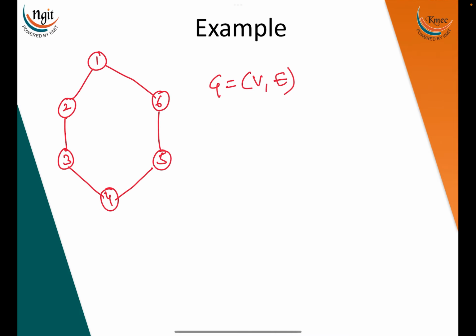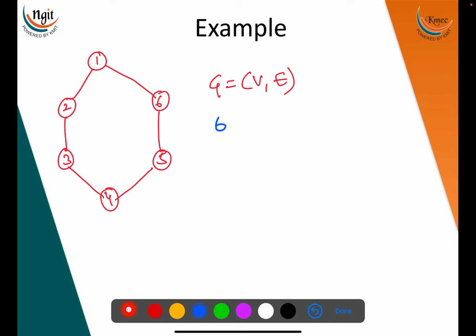Now let's see it. How many vertices do we have? 6 vertices I have. And how many edges do I have to take? 5, right? Because we just completed the fact that the number of edges of a spanning tree is equal to v minus 1. That means v is 6, minus 1, which is 5.